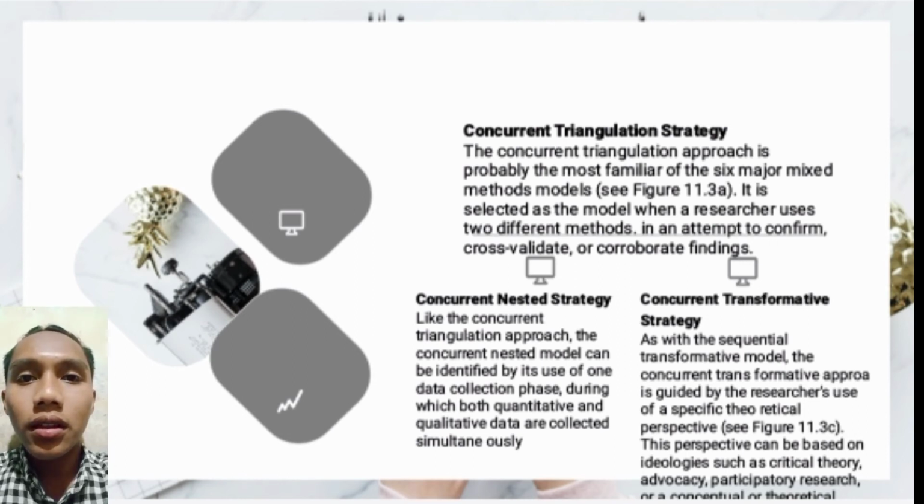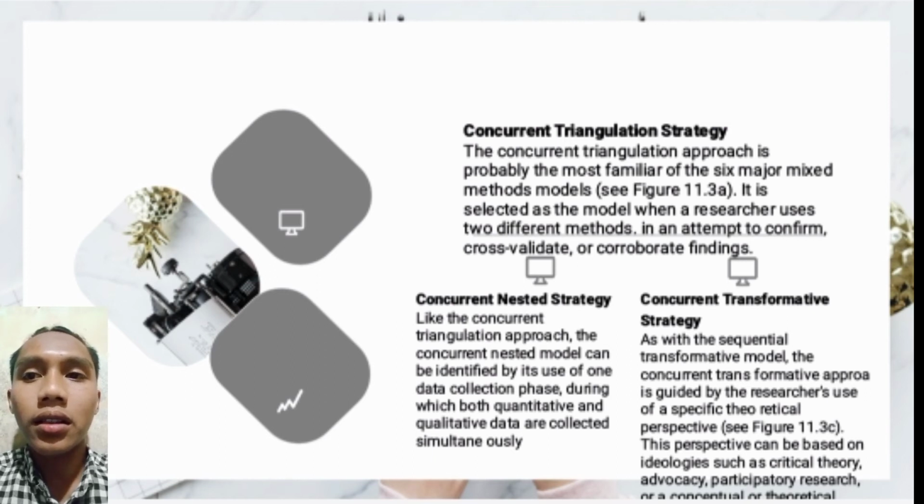Concurrent nested strategy, like the concurrent triangulation approach: the concurrent nested model can be identified by its use of one data collection phase, during which both quantitative and qualitative data are collected simultaneously.